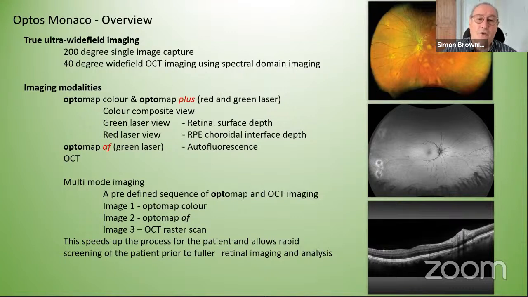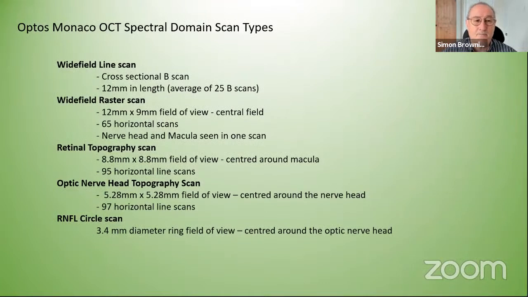The whole system, you can use it as a multi-mode imaging system, whereby image 1 will give you your Optomap image, image 2 will give you an autofluorescent image, and image 3 gives you an OCT raster scan. So this greatly speeds up the process for the patient, all sat at one machine, one set of instructions, one set of data in one set of software for the practitioner to then analyze.